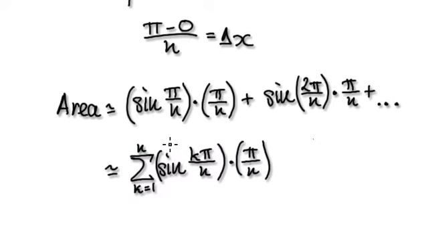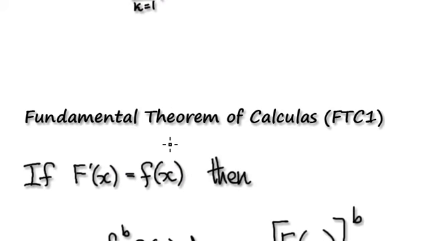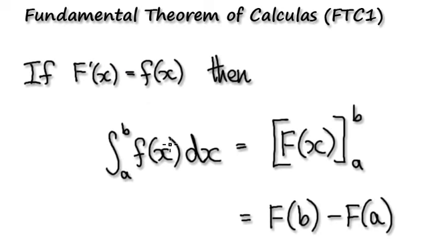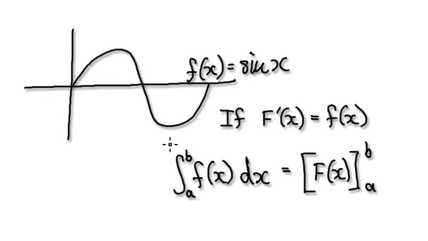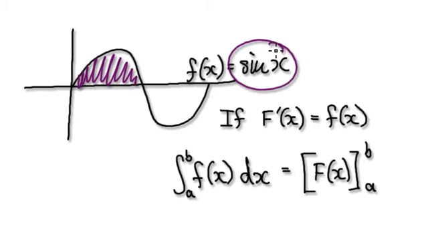Well, luckily we have the fundamental theorem of calculus. Luckily someone realized that in order for us to work out this area here, all we need to do is integrate the function here.